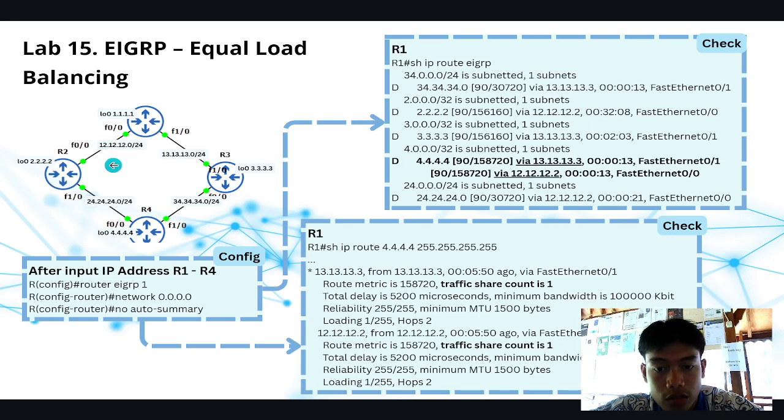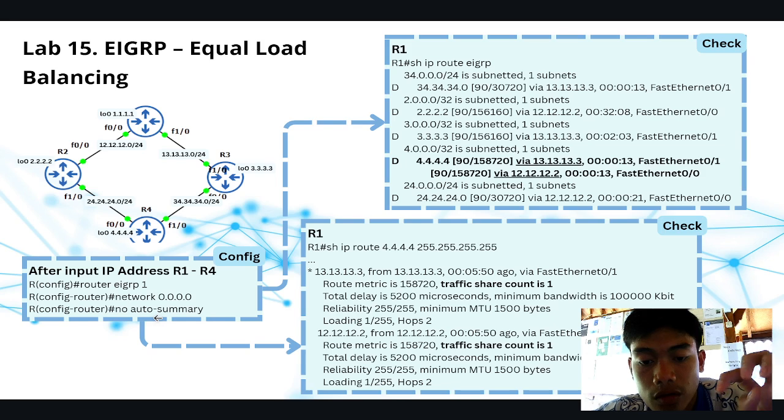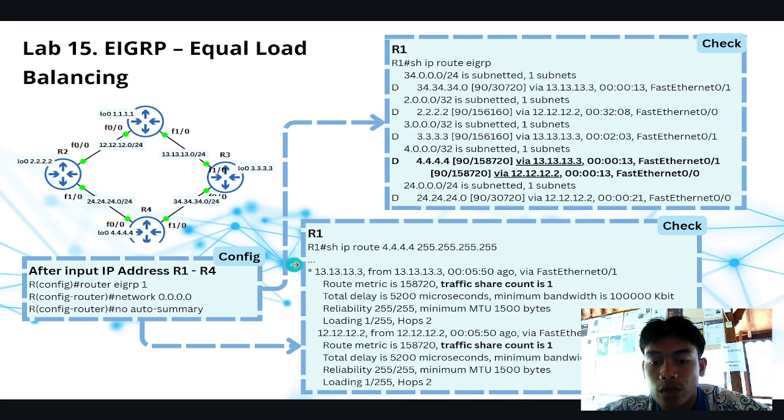Router 1 and router 3 are connected by 13, router 2 and router 4 by 24, and router 3 and router 4 by 34. The first number is bandwidth. The second number is delay. So router 1 has two possible equal fast paths to reach router 4. Then number 2, EIGRP configuration.